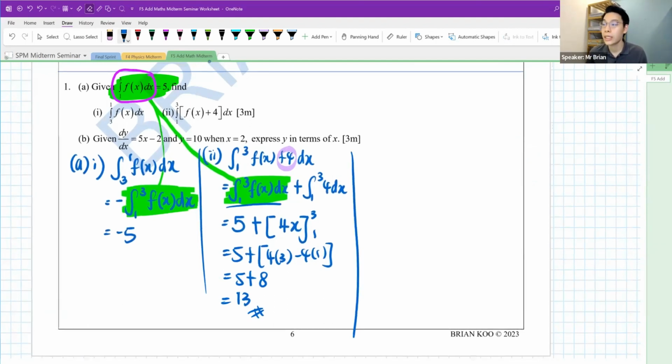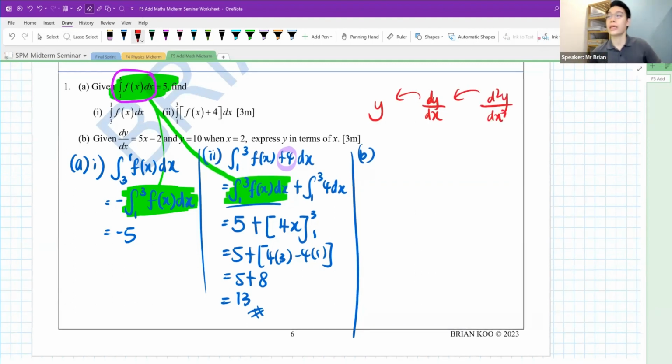Okay, next one. Question B. dy/dx is this. y is 10, x is 2. Express y in terms of x. In this case, we are given dy/dx and we are transforming back to y. Just now I told you you can go backward if you do integration.